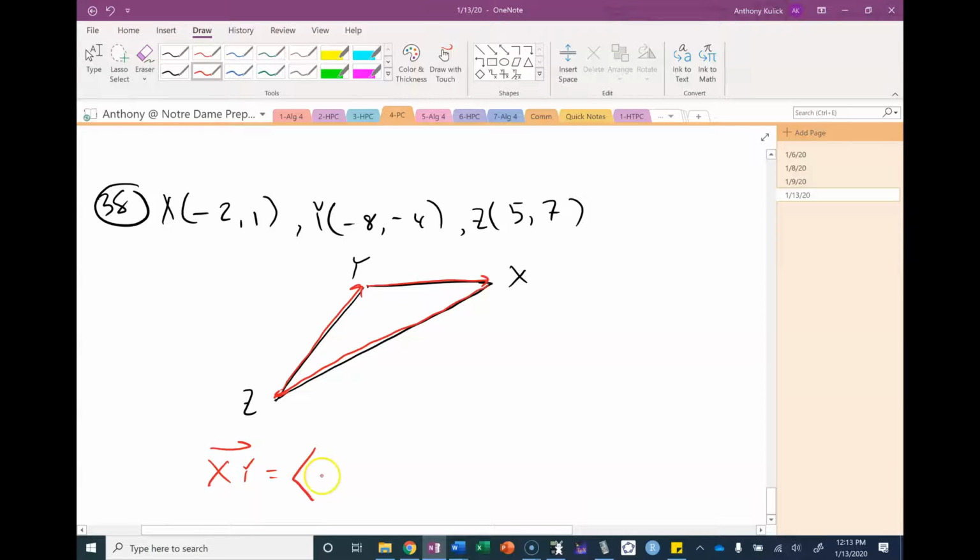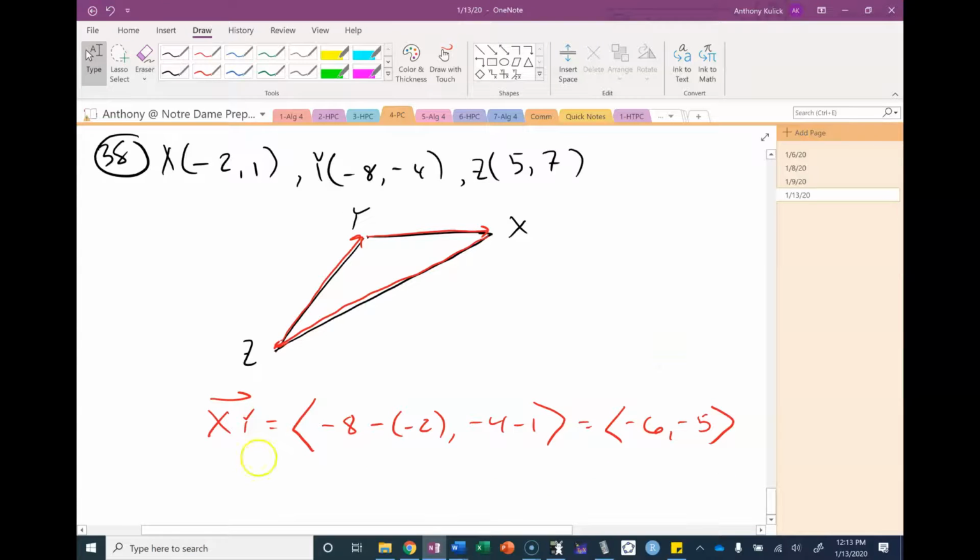That's going to be -8 minus -2, and then -4 minus 1. And at the same time, I'm also going to write vector yx, because I have a feeling I'm going to need both of them for the angles.